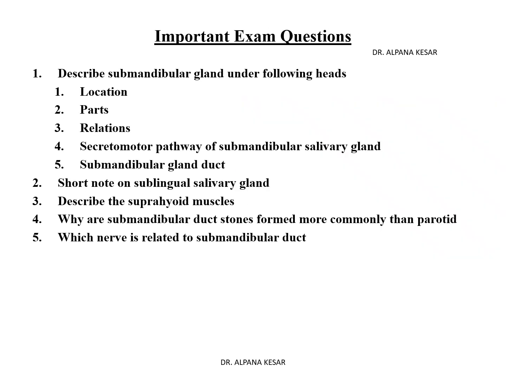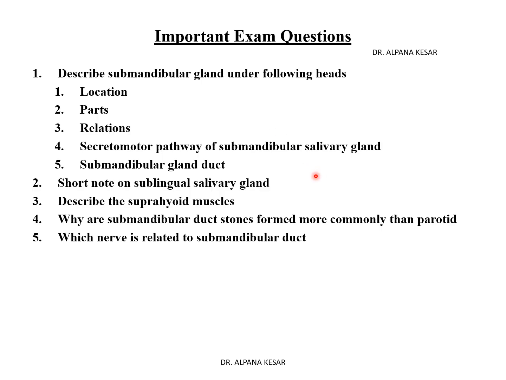Students who are exam ready should be able to answer the following questions from the topic submandibular region. Describe the submandibular salivary gland under the following heads: location, parts, relations, secretomotor pathway of the submandibular salivary gland, and submandibular gland duct.